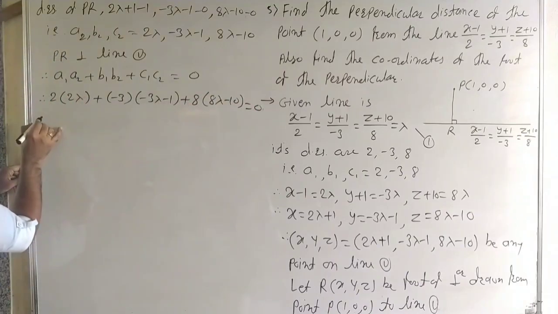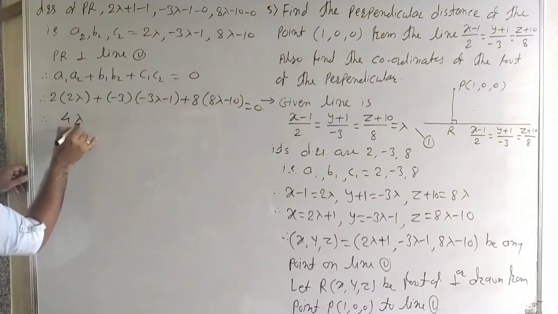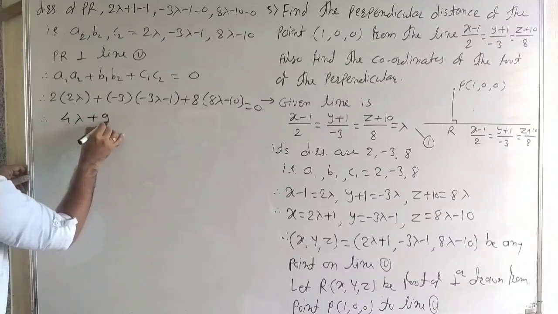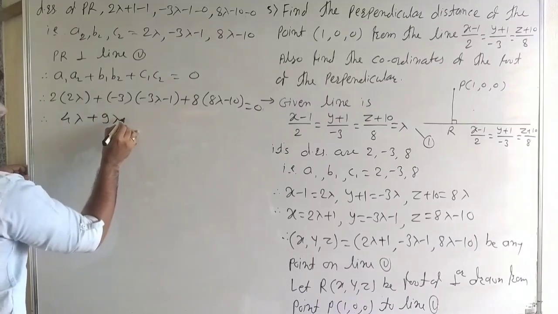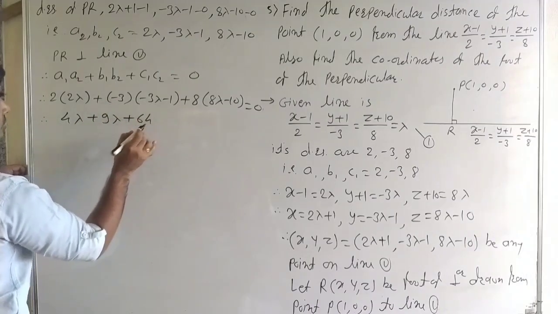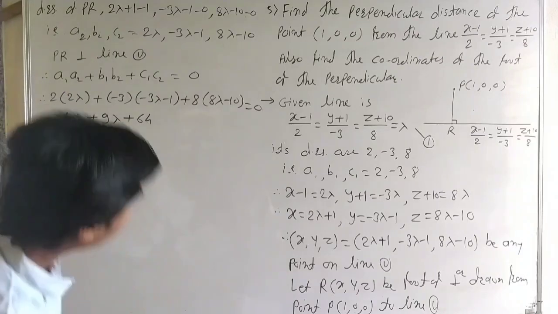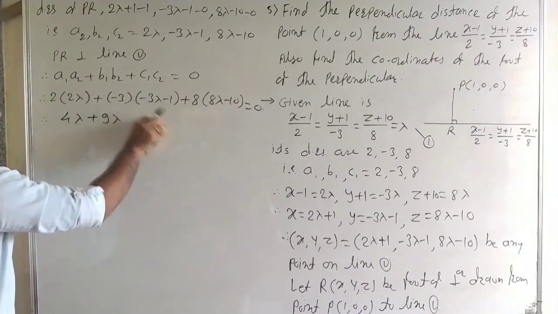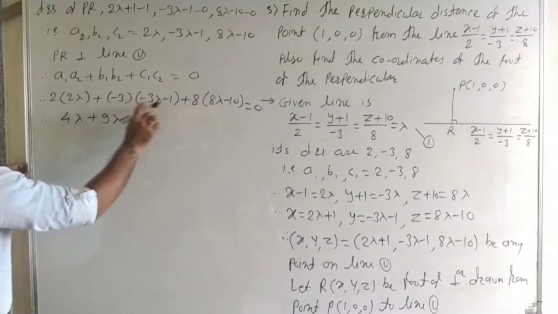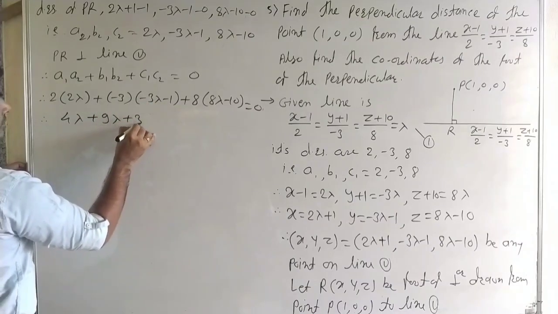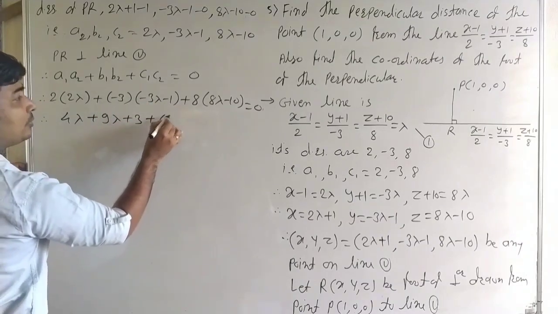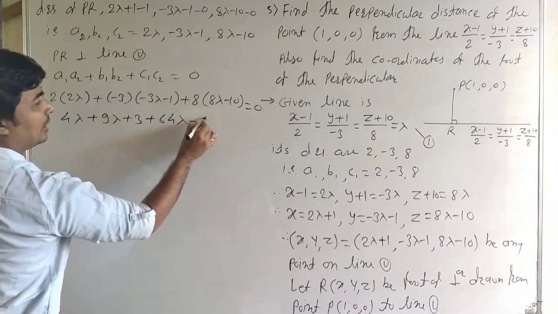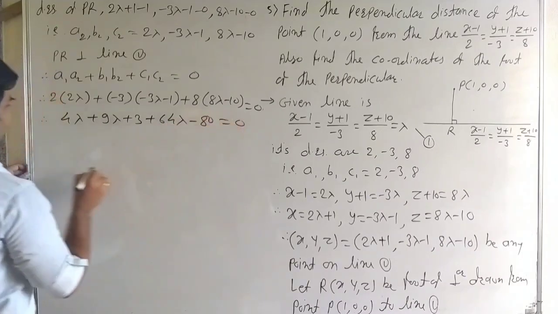Now calculate this. Therefore you can write 4 lambda plus 9 lambda plus 3, plus 64 lambda and minus 80 is equal to 0.